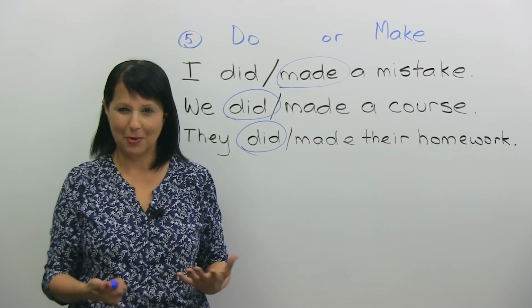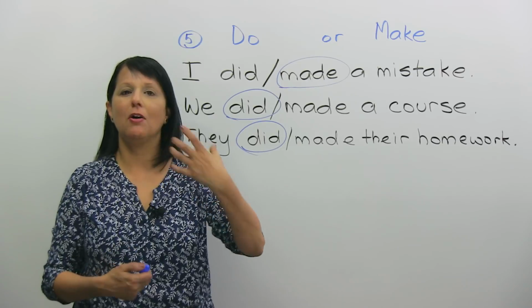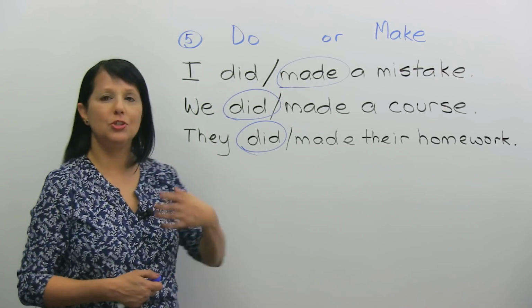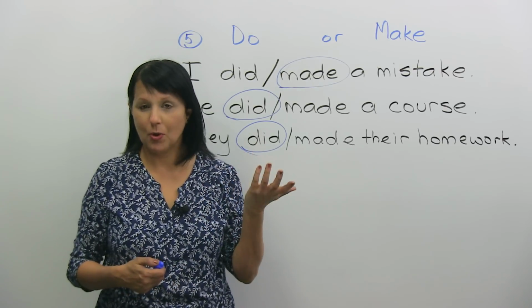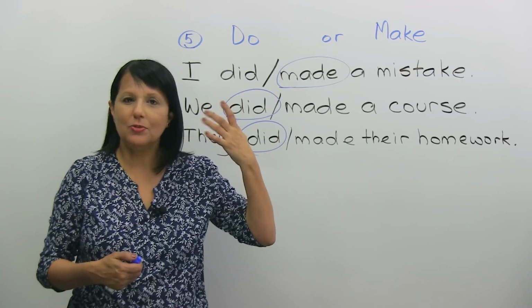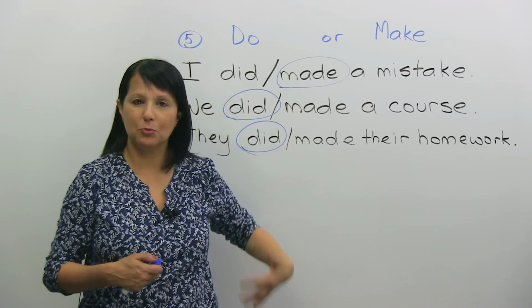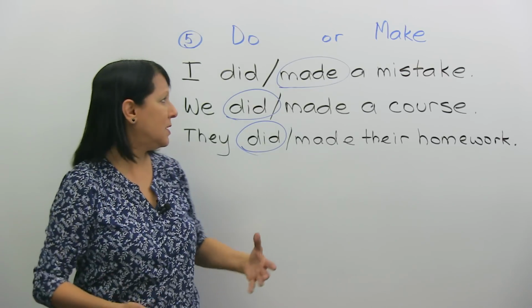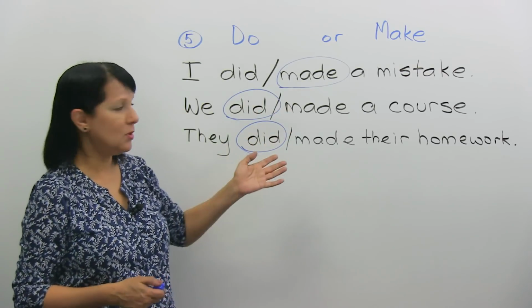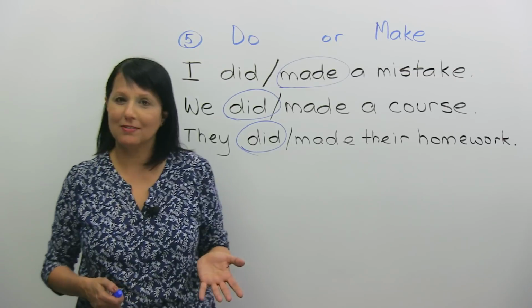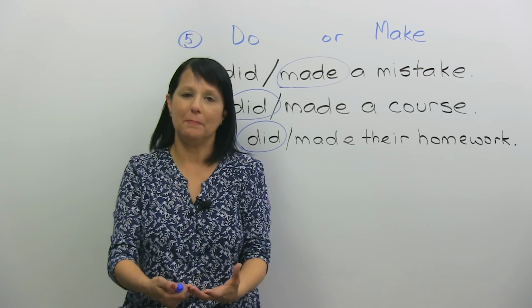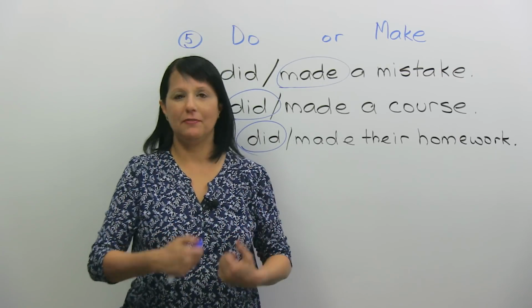Write them, read them, okay? And that way they'll come automatically. Because when you need to use one of these words, you don't have time to think through all of the different rules. You just have to know that you make a mistake, you do a course, and you do your homework. Okay? It just has to come. And you will have to work at it.